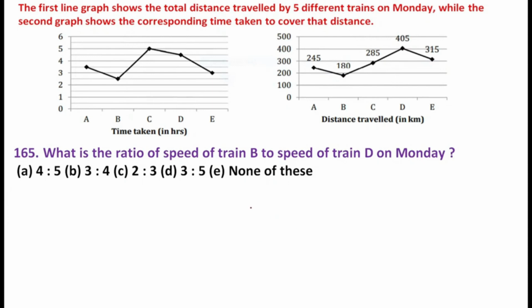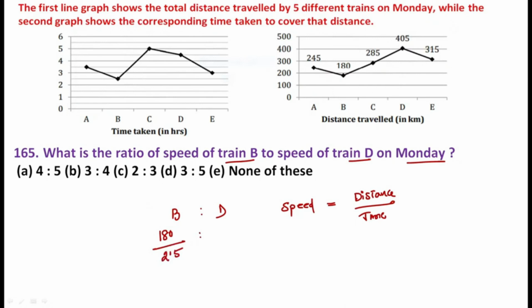You can get 5 questions through data interpretation. What is the ratio of speed of train B to speed of train D on Monday? Speed is equal to distance by time. Here we need to find the ratio of B to D. For B, the distance is 180 and the time is exactly 2.5 hours.